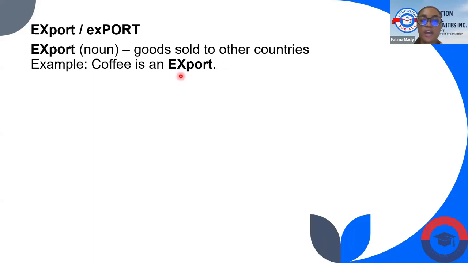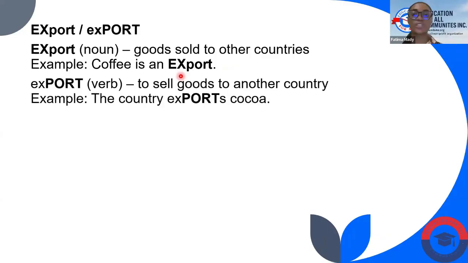Then we have export. So you see the difference. When you're pronouncing the words, there should be this difference in your pronunciation because you've reached a level in your English where you should work out the pronunciation of your words.